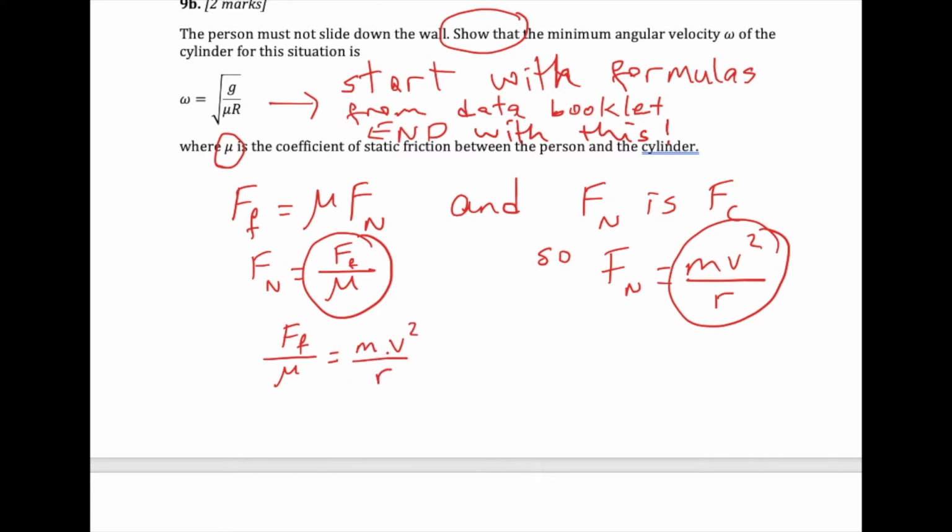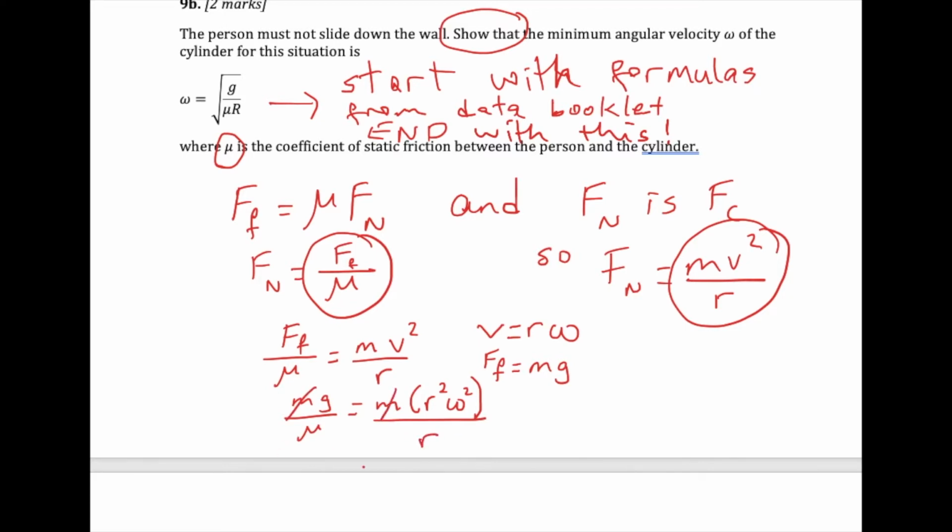So how do I go from here to here? Now we know the relationship between v and omega is v equals r omega, so I can substitute that in there. And since vertically this person is in equilibrium, I know force of friction is equal to mg. Now rewriting this expression again, I would have mg divided by the coefficient of friction, and m times r squared omega squared, because I'm squaring the v, divided by r.